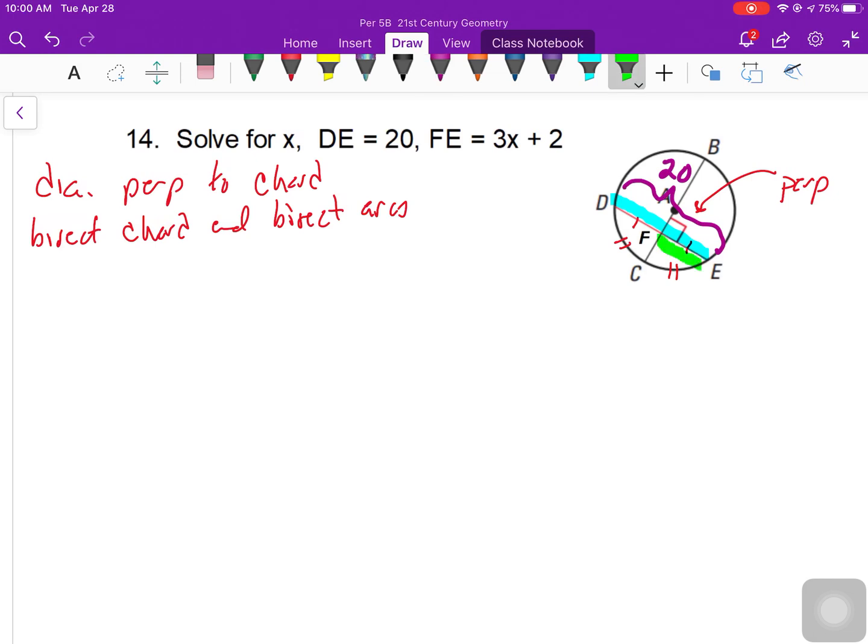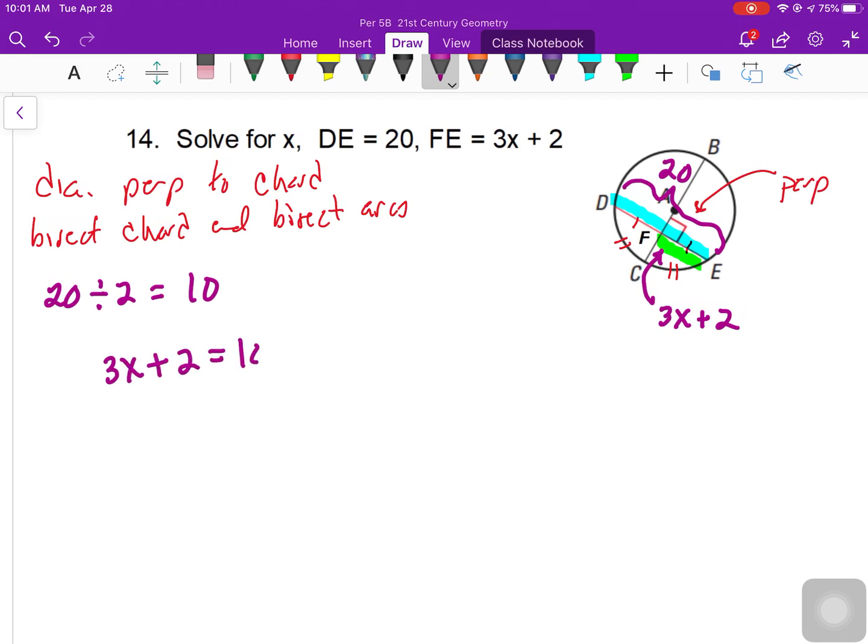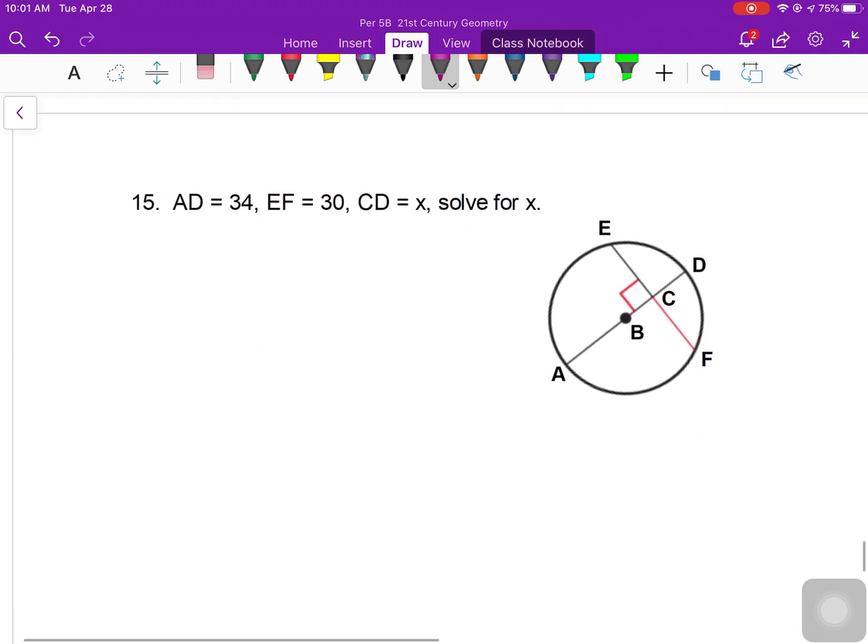And then they gave me information about F to E, this piece right here. That F to E is 3x plus 2. Well, if D to E is bisected, then F to E is only going to be half of it. So if I take 20 and divide it by 2, I find out that the 3x plus 2 has to be equal to 10. I'll subtract 2 and divide by 3. Since it doesn't tell us to round, I'll have to leave this as a fraction.